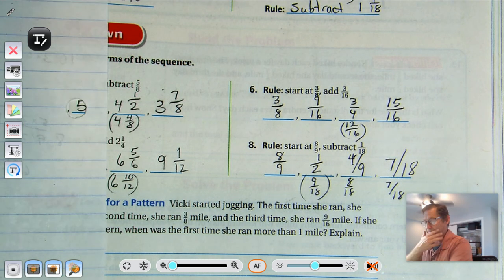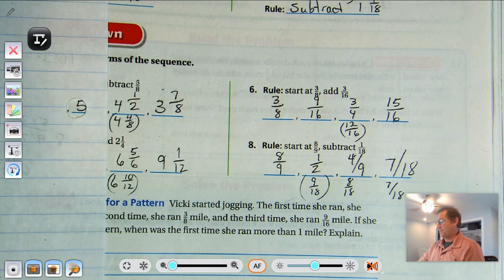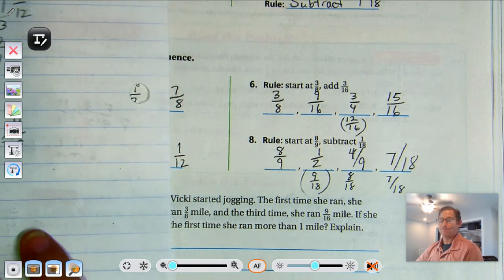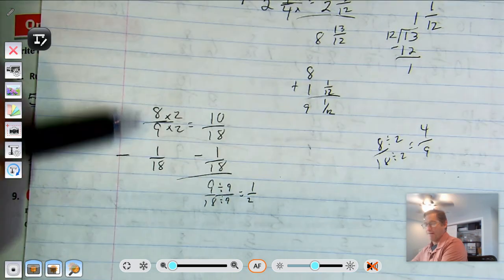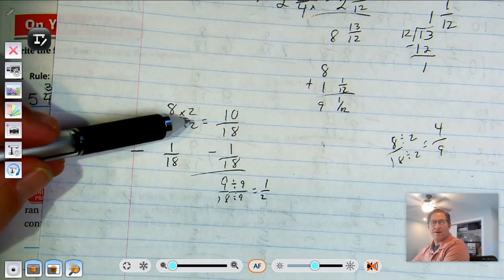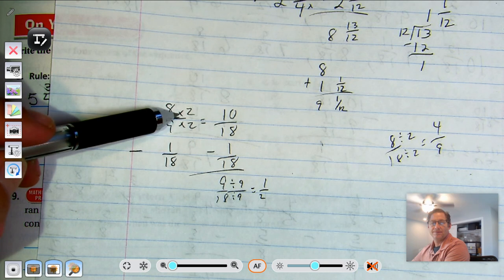Okay, I want to double check my answer. You know, those answers are not right. I'm not sure what I was thinking here. I think my brain said multiply 8 times 2, and instead I added.